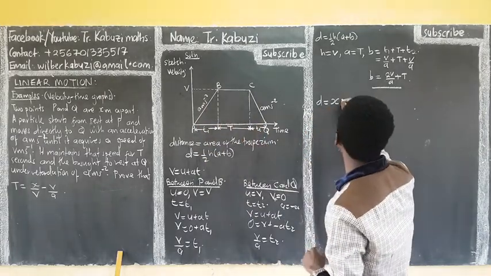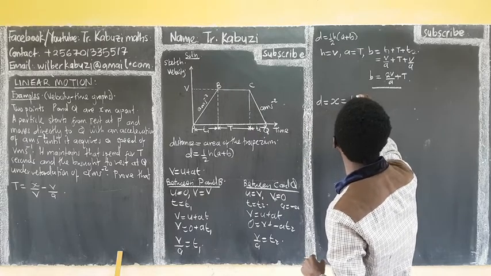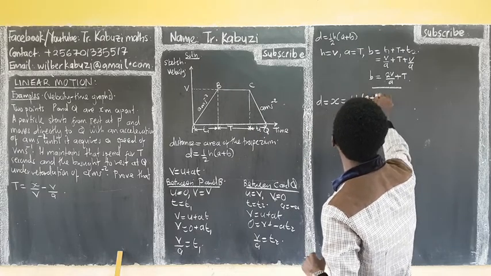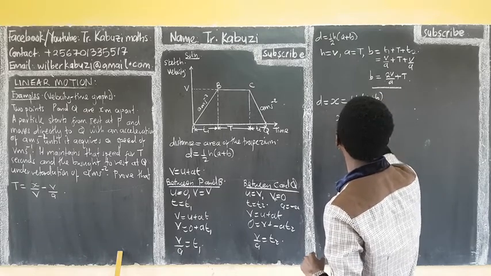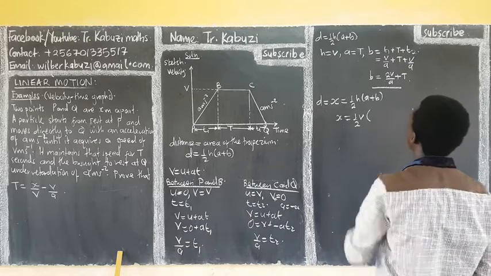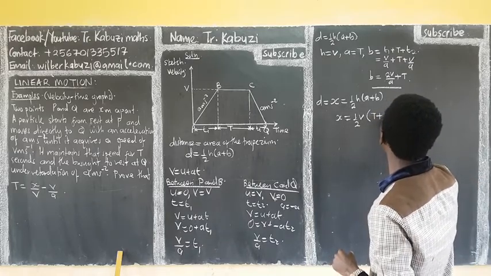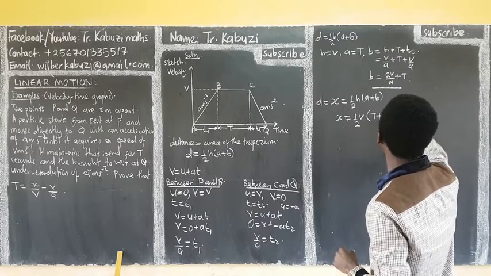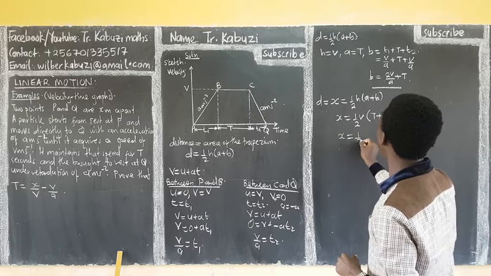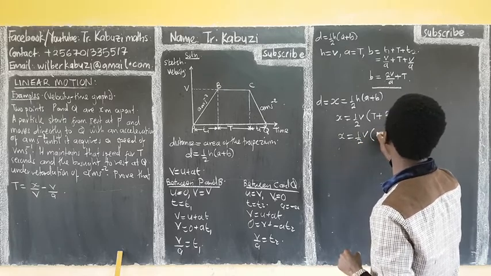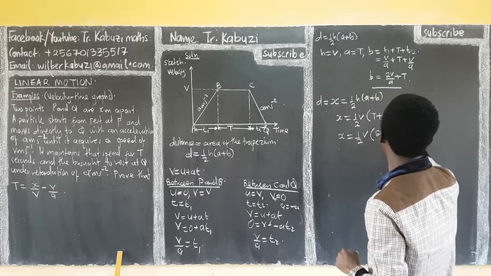So x equals a half into h into a plus b, which will be a half, our h is v, into our a, we have seen our a is t, then our b is 2v over a plus t. So I think we can add. So our x will be a half v, into this will give us 2t plus 2v over a.